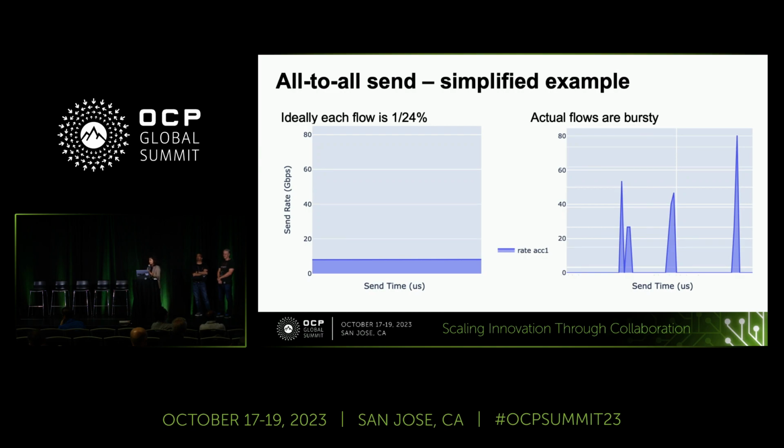In an ideal scenario, as you can see on the left-hand side, we would expect to see a uniform network traffic pattern where each sender is transmitting at 1/24 of the total bandwidth in a 200 gig network. However, as you can see in the figure on the right-hand side, in our experimental results, we observe spikes or bursts in the packet sending rates for an individual flow.